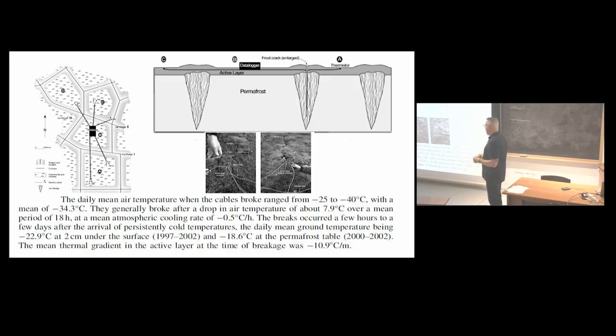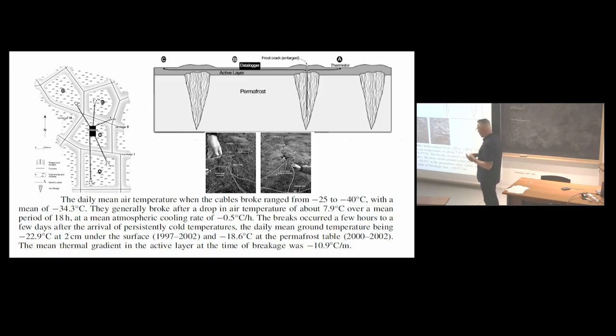What we observe, the daily mean temperature is -20 to -40. And what happens is you need a very cold ground already. So there's a cold conditioning of the ground. And eventually you have a cold spell, so a drop of temperature. So it's just the atmospheric circulation.